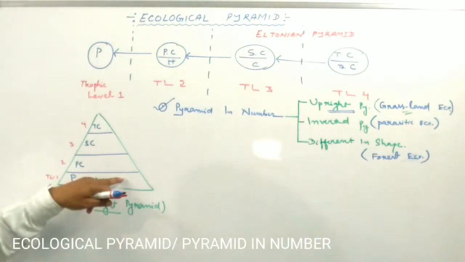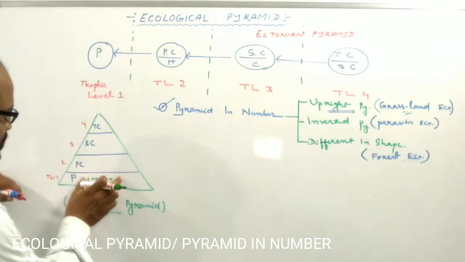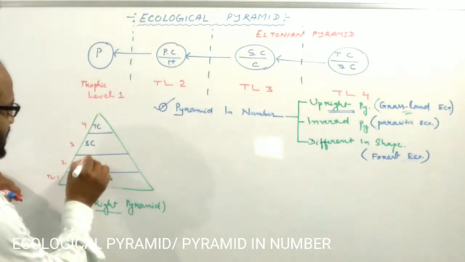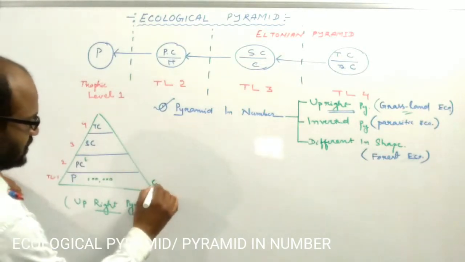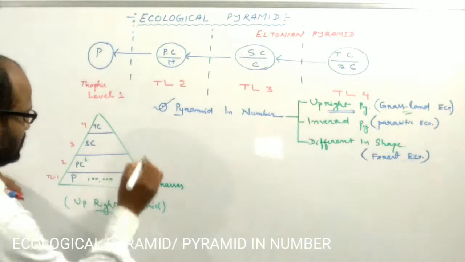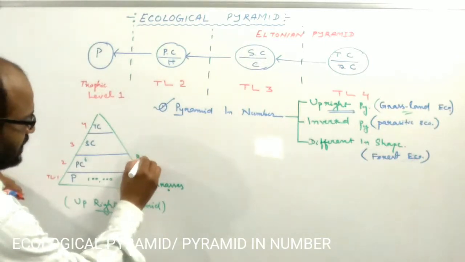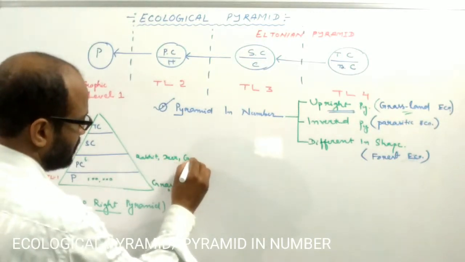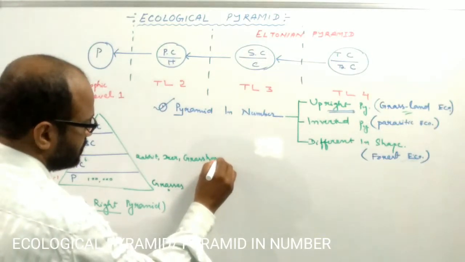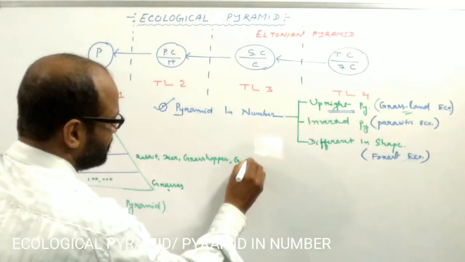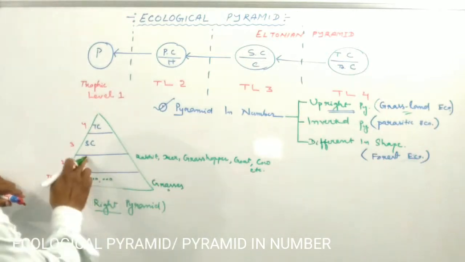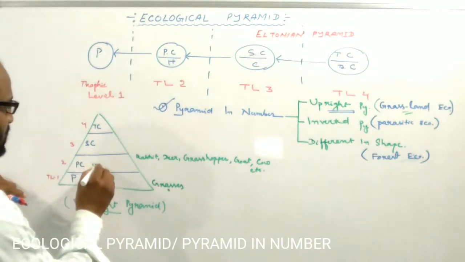These 1 lakh grasses support, suppose, rabbits, deers, grasshoppers, goats, cows, etc. These are the herbivores, and suppose their number is 1,000.